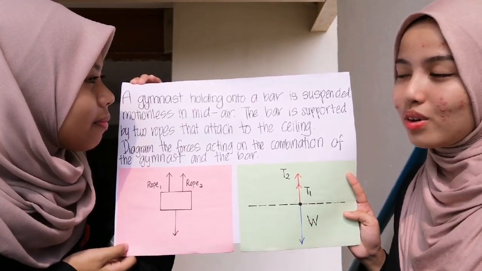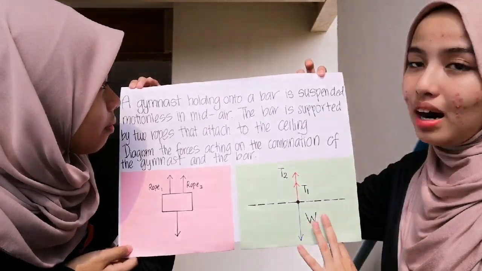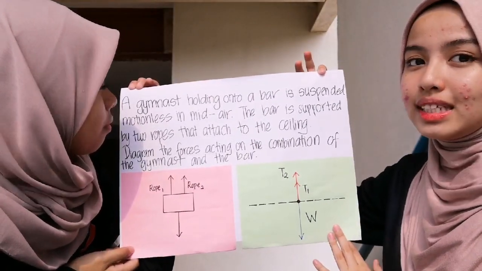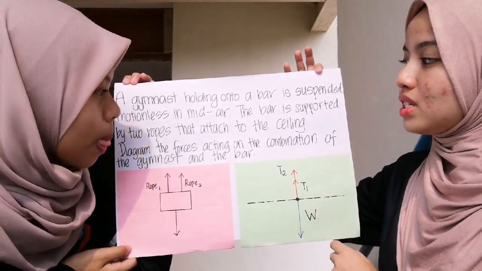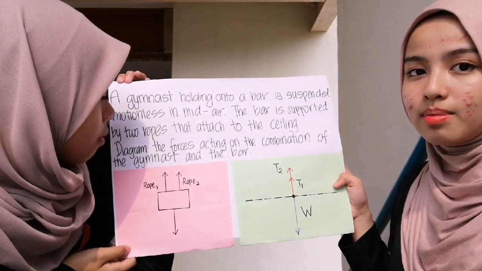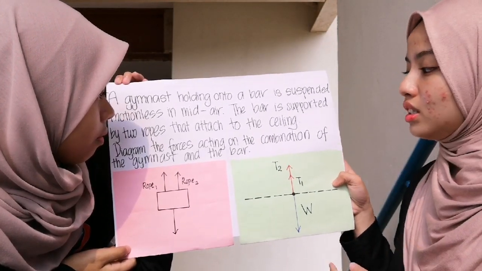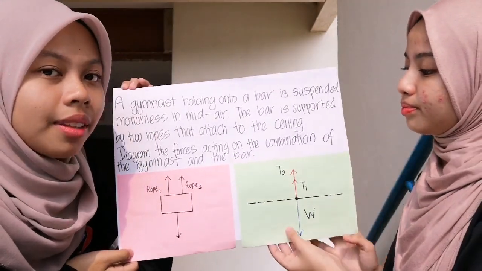I'm going to read the next question. A gymnast holding onto a bar is suspended motionless in mid-air. The bar is supported by two ropes that attach to the ceiling. Now we have to diagram the forces acting on the combination of the gymnast and the bar.